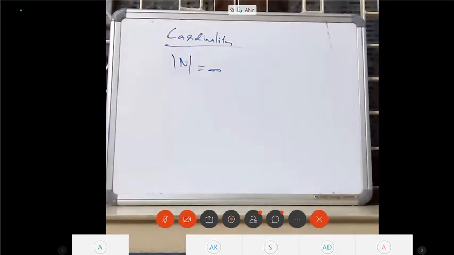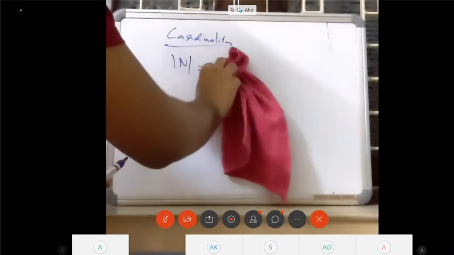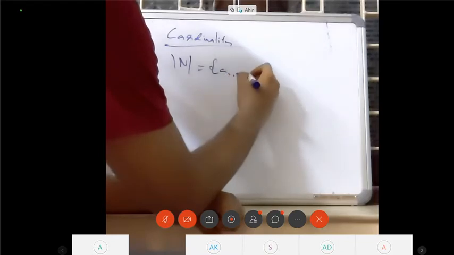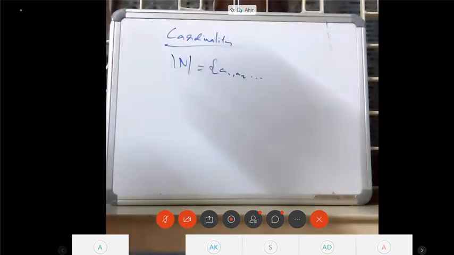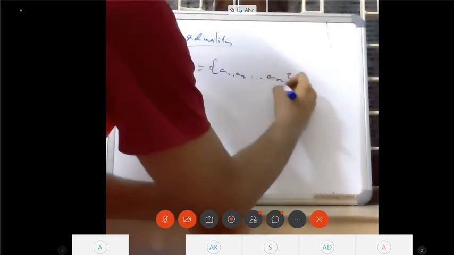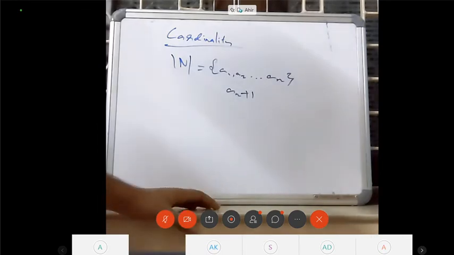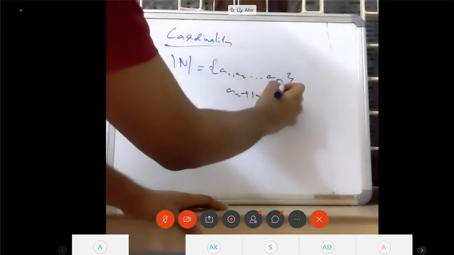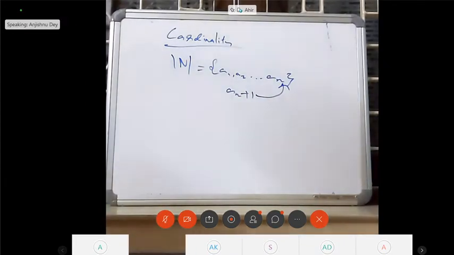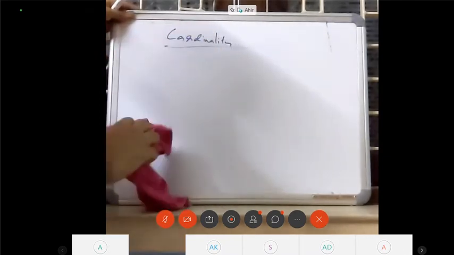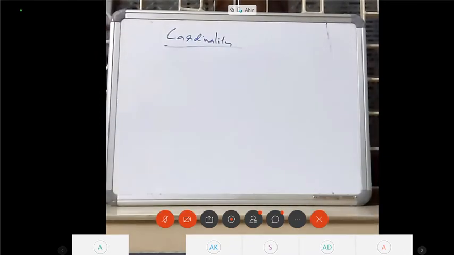Suppose the set of natural numbers is a finite set. Then it has a maximum element in it, suppose an. But we know that an plus 1 is also a natural number, so an wouldn't be the maximum. That will be a contradiction. So the set of natural numbers is infinite, as well as the other sets which we have discussed now, like real, complex numbers, etc.